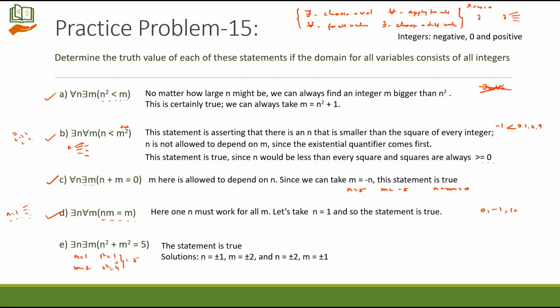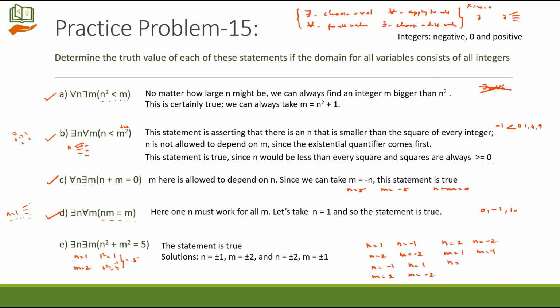What are the possible solutions? When n is equal to 1, we have m is equal to 2. Then when n is equal to minus 1, we have m is equal to minus 2. Then when n is equal to 2, m is equal to 1. When n is equal to minus 2, m is equal to minus 1. Then the other possibilities will be n is equal to minus 1, m is equal to 2, n is equal to 1, m is equal to minus 2.